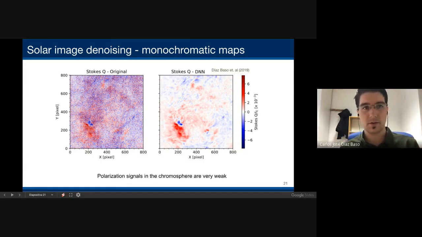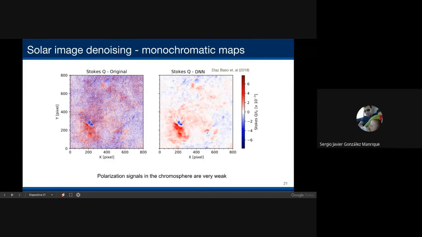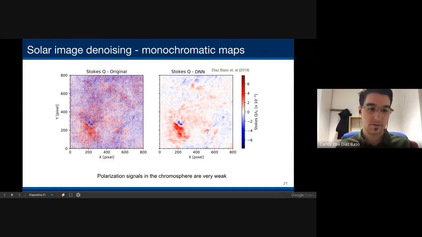But another question related to a slit spectrograph is how can you train it? Because what I was showing here was CRISP scanning, so we have a full field of view taken at a certain time, and then after some time we have a full view again taken at the same time.